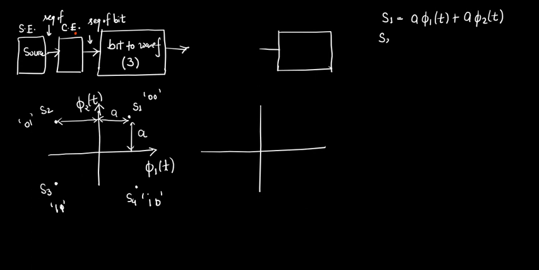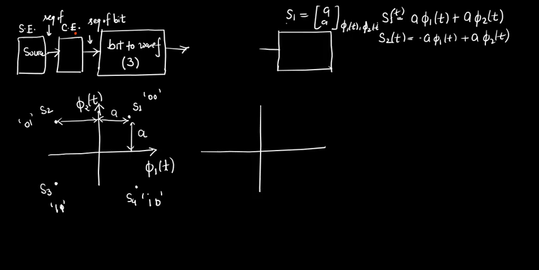Similarly, you can also write S2 t as minus A phi 1 t and A phi 2 t. So you can write S1 t as the S1 vector A comma A, and these 2 are its basis.